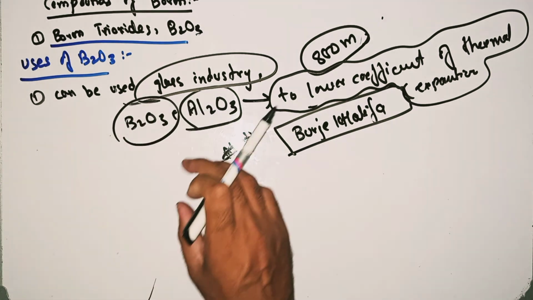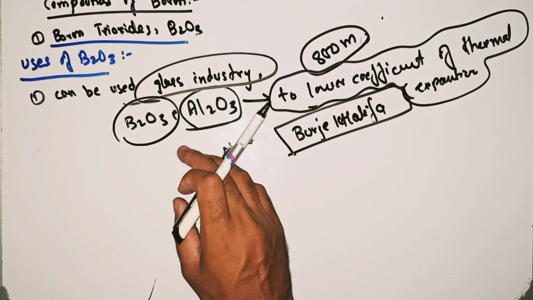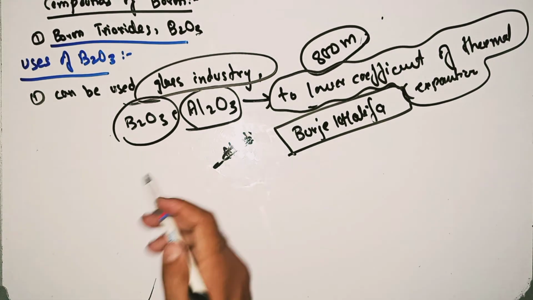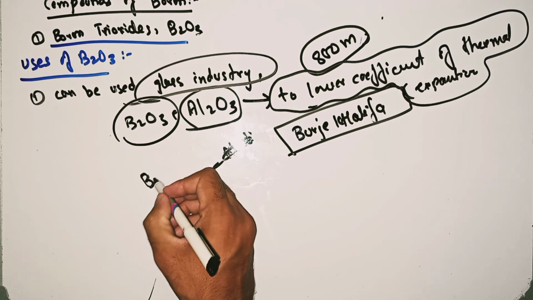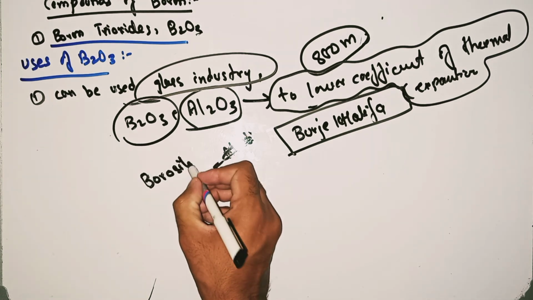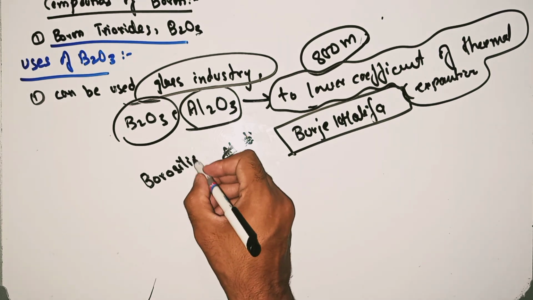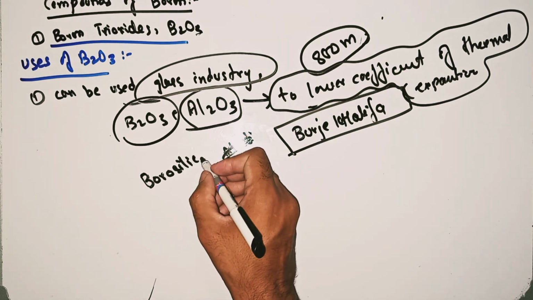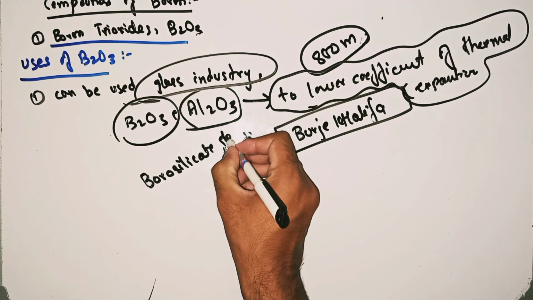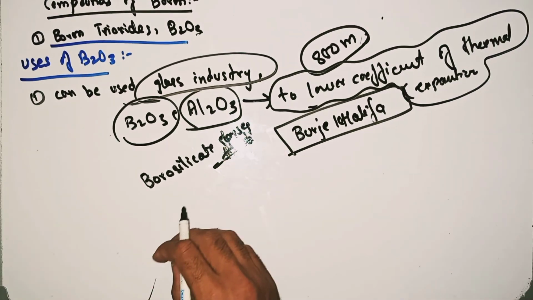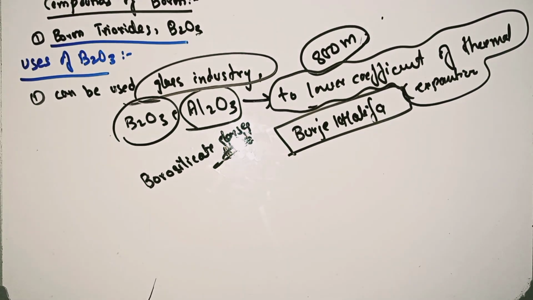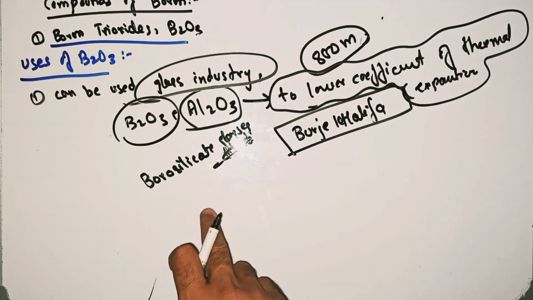The coefficient of thermal expansion is appreciably lower in certain borosilicate glasses, and these borosilicate glasses are used in the Burj Khalifa because of their very low coefficient of thermal expansion.